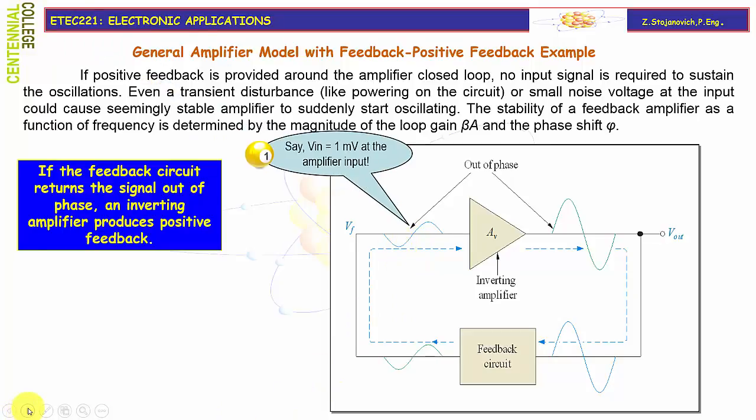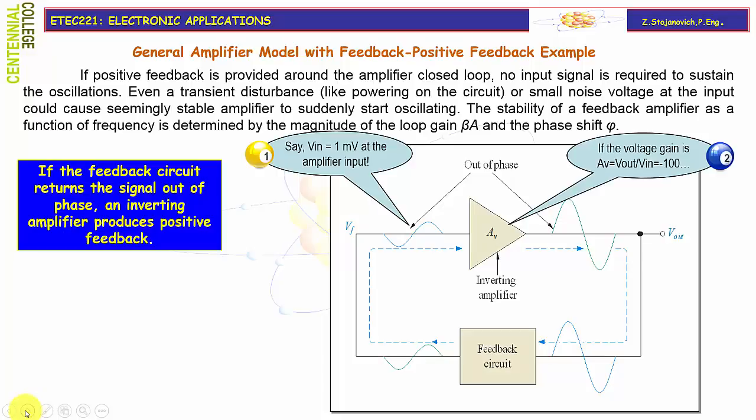Now, let's say that the input signal has amplitude of 1 volt at the amplifier input. If the voltage gain is, let's say, negative 100, meaning that there is a phase shift 180 degrees, then the output will be 100 volts peak value, 100 volts amplitude, but out of phase.